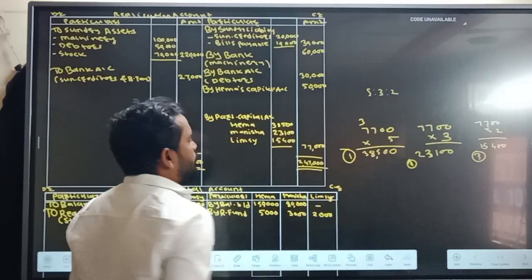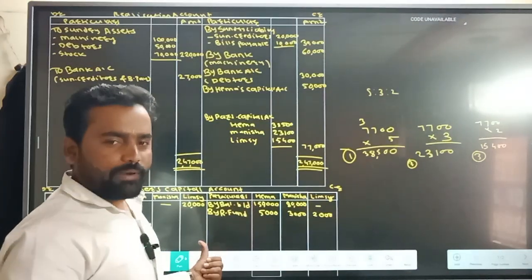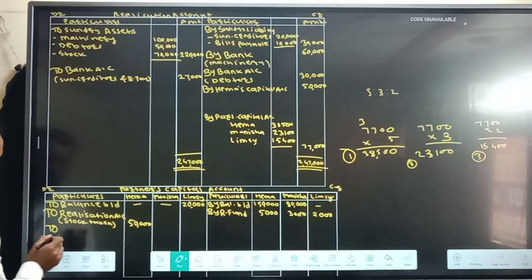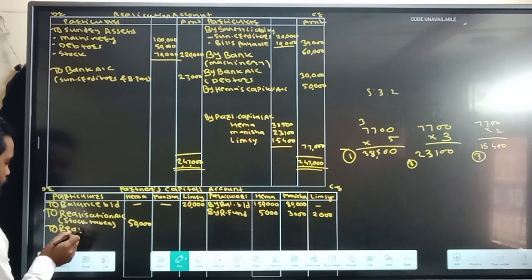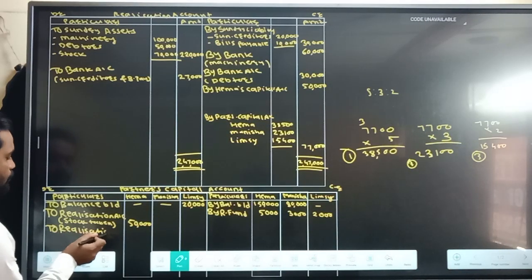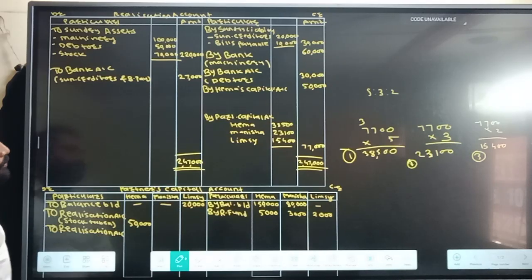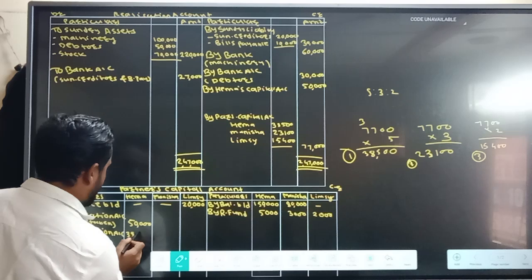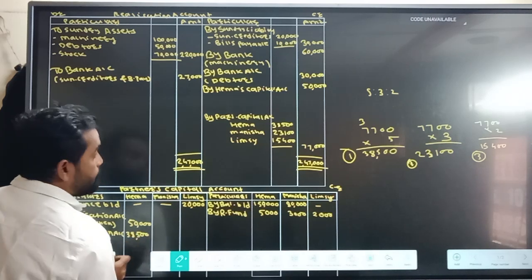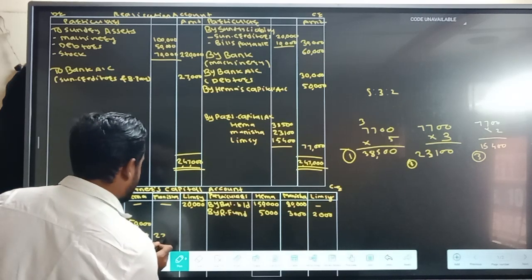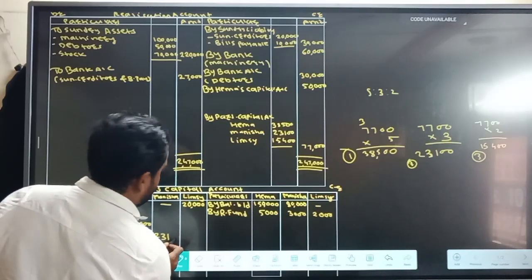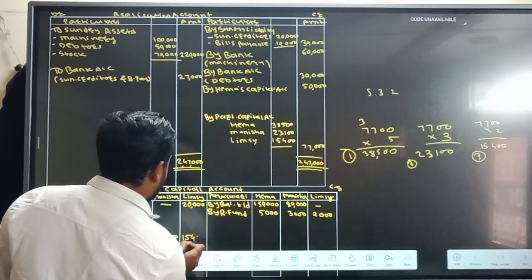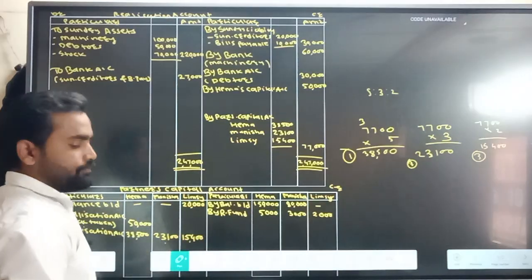And the second effect will be debit side to partners' capital accounts, to realization account: 38,500, then 23,100, 15,400. Okay.